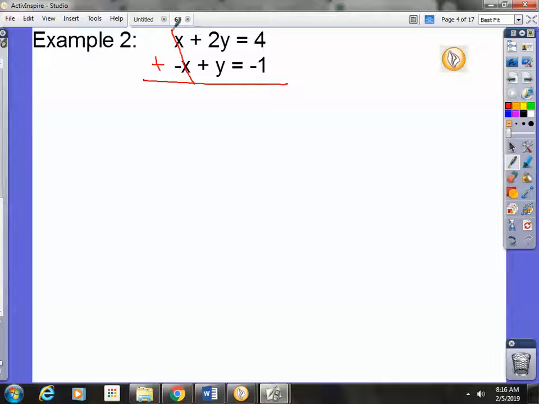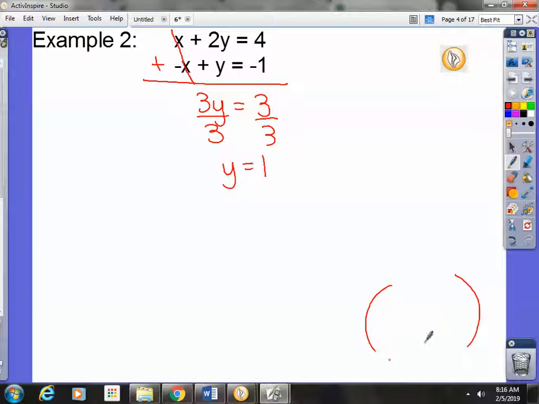I want one of the variables to cancel out. When I add the y's, 2y plus y is 3y equals 3. 4 plus a -1 is 3. Go ahead and solve. We'll divide by 3. So y equals 1. So I know I'm going to have an ordered pair answer. I know that that y coordinate is going to be 1.